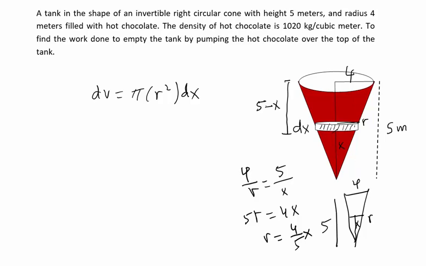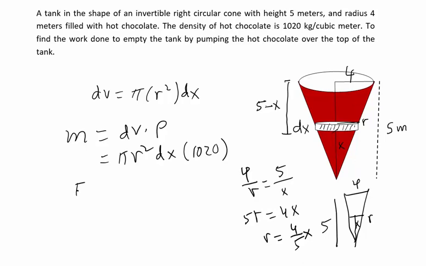Now, when you are looking for the mass of this small slice, m, we know mass equals dV times rho. You have pi r squared dx, and our rho is 1020. Next we are looking at the force acting on this small volume.